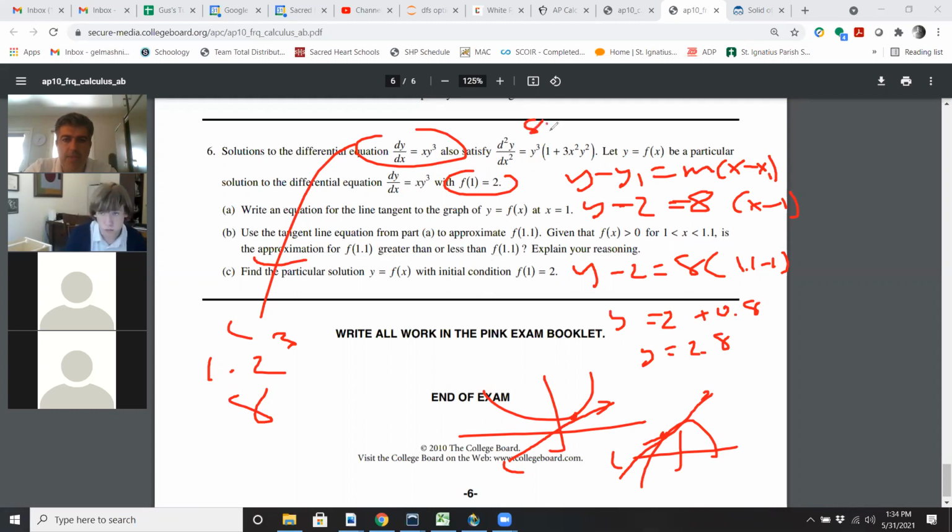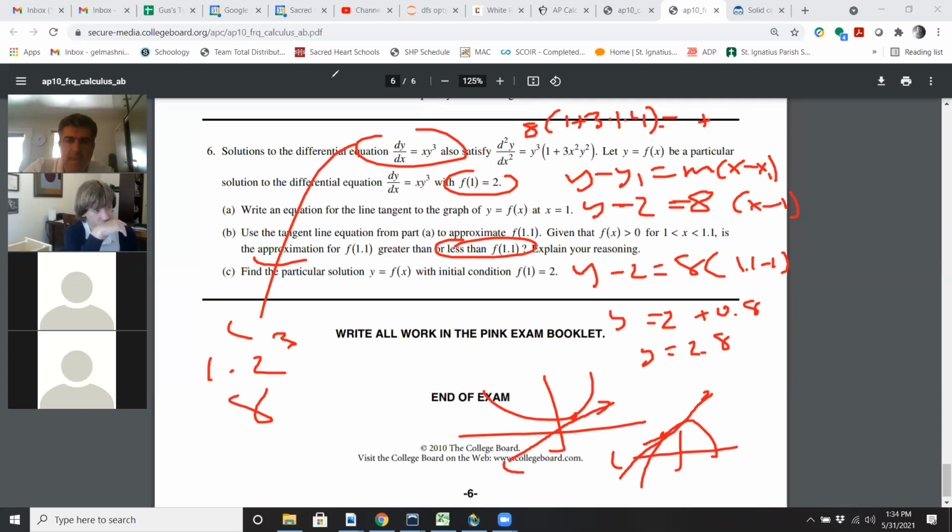So 8 equals, not 8, equals 8 times 1 plus 3 times 1 squared times 2 squared is 4. So that's obviously going to be positive. So you're concave up, so therefore it's an under approximation. So that's how you would prove it. And just maybe make a statement that, concave up, under approximation.